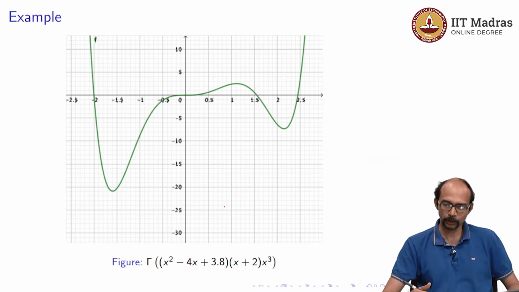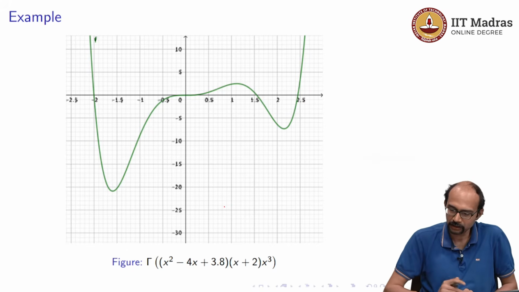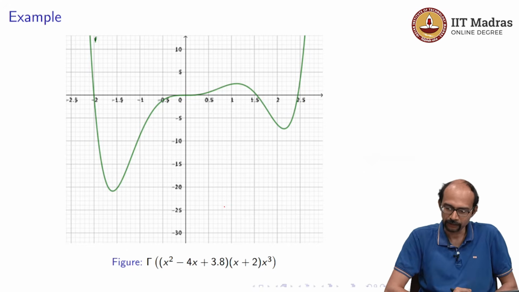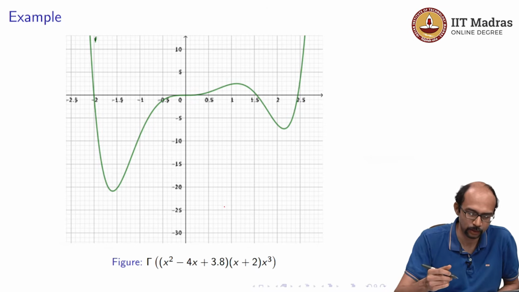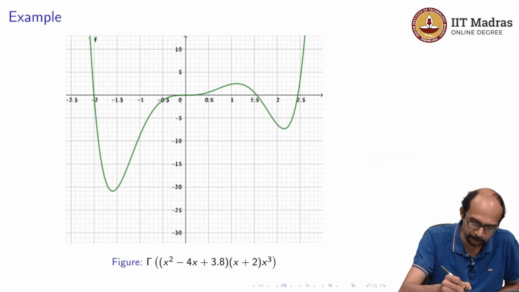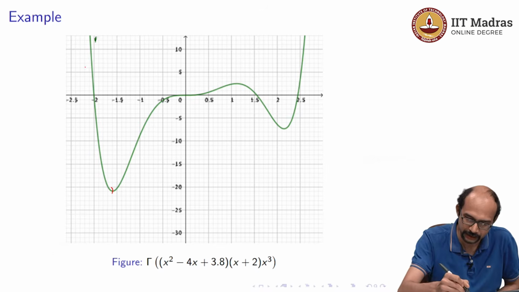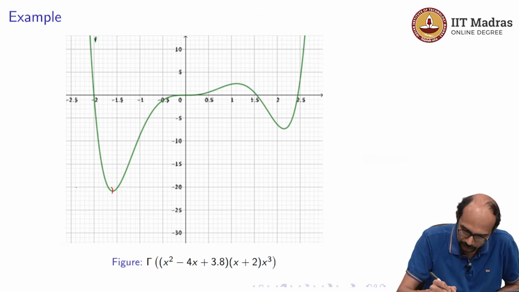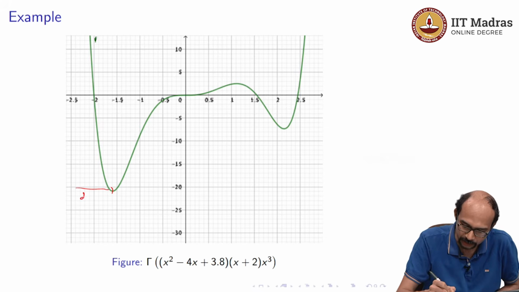Let us look at this example. We have plotted the function x squared minus 4x plus 3.8 times x plus 2 times x cubed. What are the intervals of increase and decrease? Until this point, this entire part is an interval of decrease.